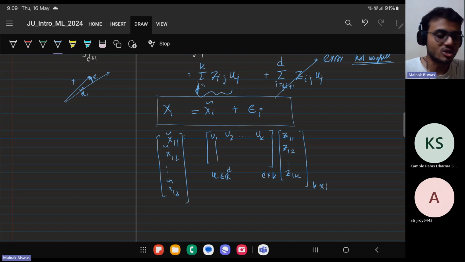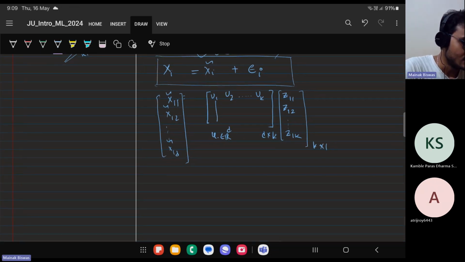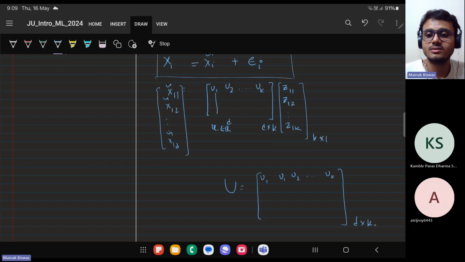So the reconstruction matrix simply becomes this. U is the first K eigenvectors, U1, U2, UK. This is a D cross K dimensional matrix, right?